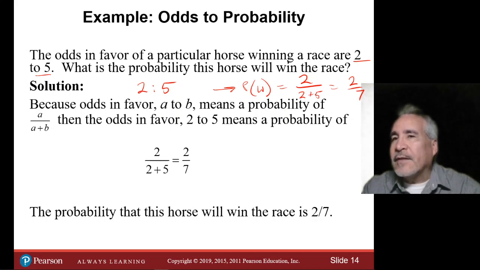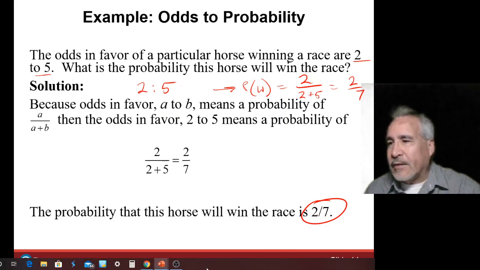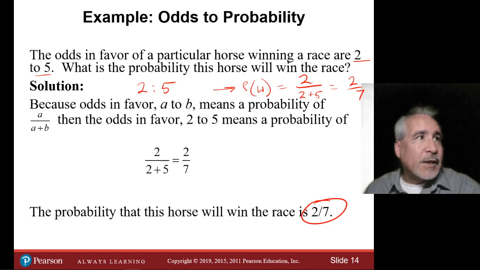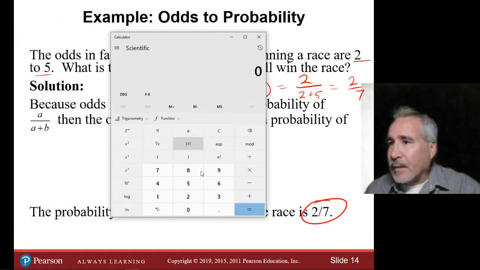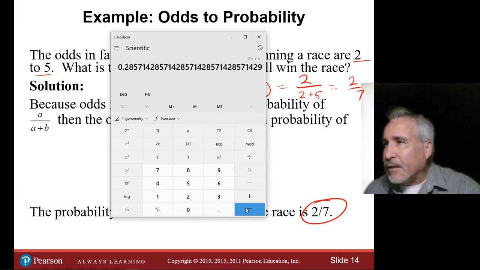You can turn 2/7 into a percentage. Sometimes that helps when you're working with probability. As you notice, I like working with percentages. So 2 divided by 7, let's bring it back over here, because we're dealing with probabilities now.